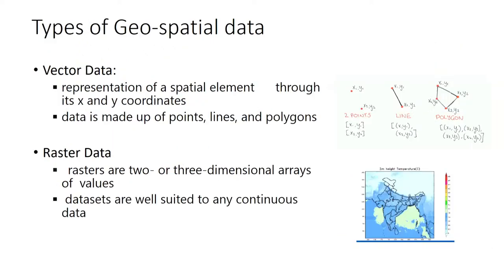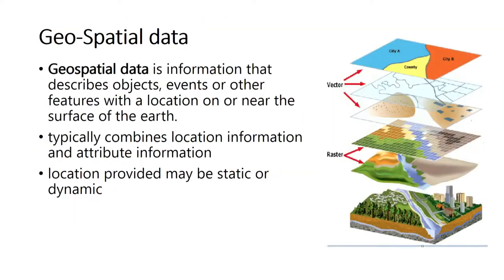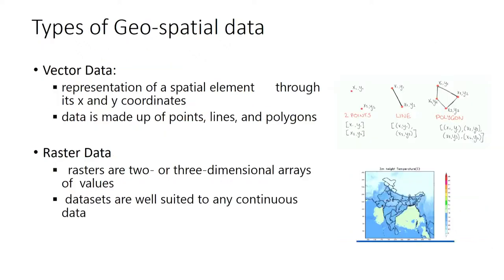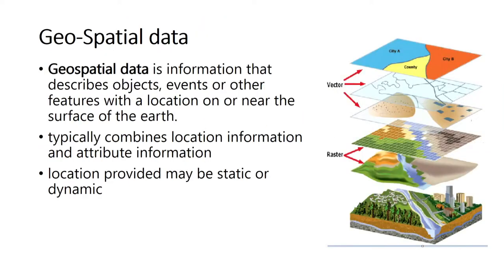So basically there are two types of geospatial data. When we attach the location information with your data, this is called geospatial data. One is called vector data and another is called raster data. So vector data is a representation of spatial elements through its x and y coordinates. When there are distinct boundaries, like if you see in this data here, when we are representing this as clear boundaries like the boundary of a city, this is called vector data.